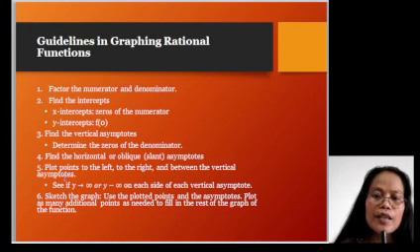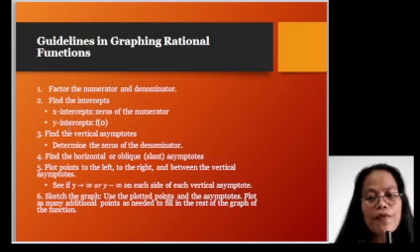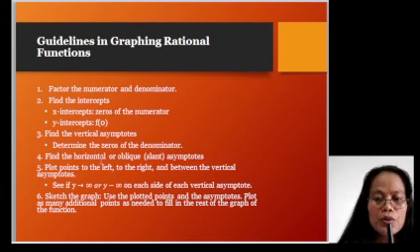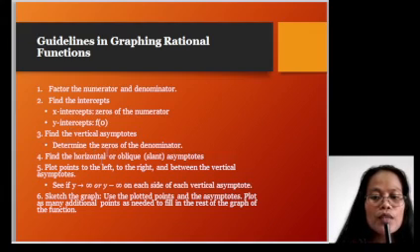Okay, we have also guidelines here in graphing rational functions. Number 1, factor the numerator and denominator. Number 2, find the intercepts: x-intercepts, the zeros of the numerator, and y-intercepts, we have the f of 0. And number 3, find the vertical asymptotes. Determine the zeros of the denominator. And then find the horizontal or oblique slant asymptotes.